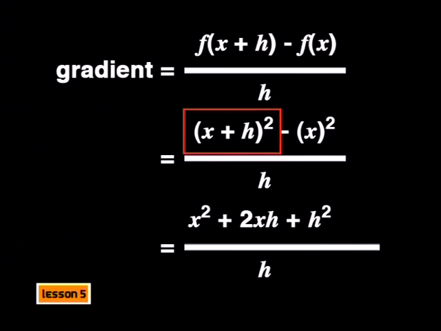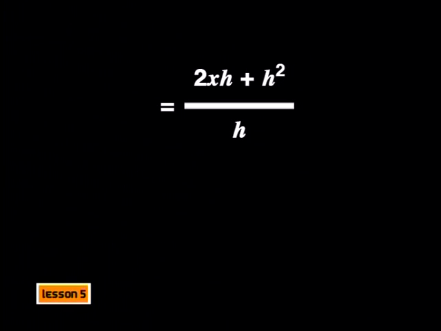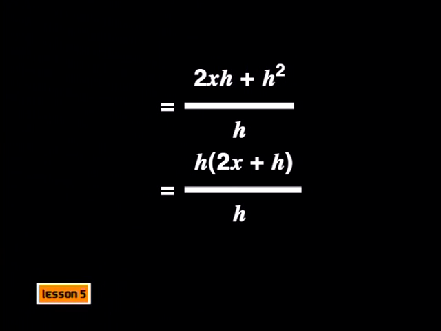When I expand that bracket, I get x squared plus 2xh plus h squared. I must still subtract x squared. All of that over h. Now I can simplify the top line and I get 2xh plus h squared over h. When I take out the common factor of h in the top line, I get h times (2x plus h), all divided by h.